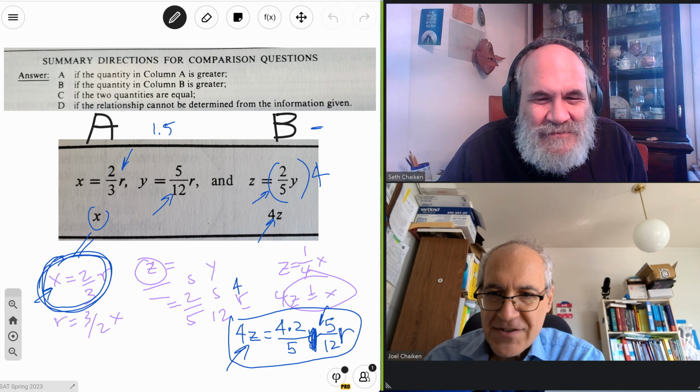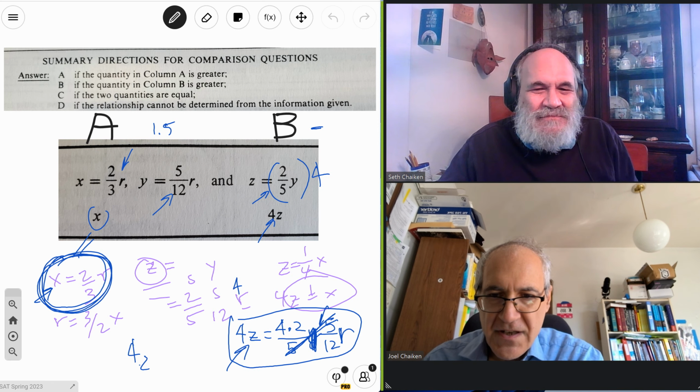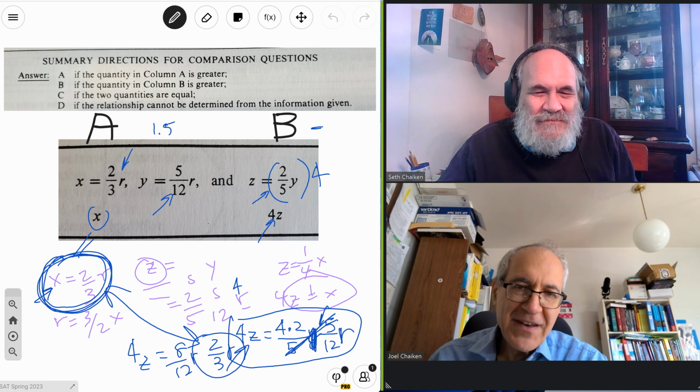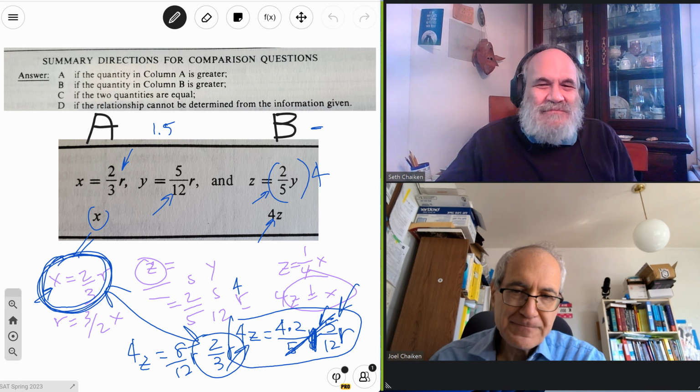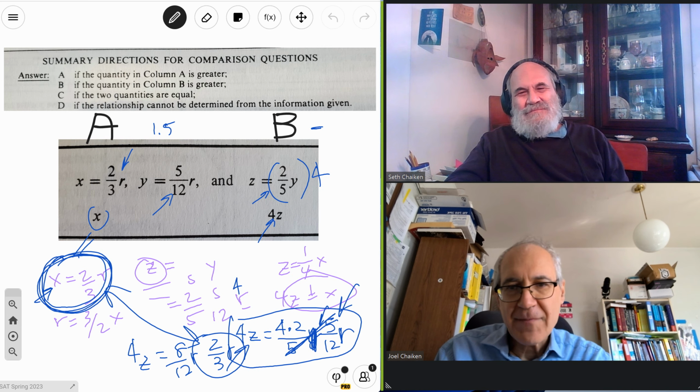X is 2/3 R. Z is this. So these cancel. 4Z is 8/12 R, which divided by 4 is 2/3 R, and they are the same. So I made a stupid mistake: I forgot to simplify. At least I found my mistake.